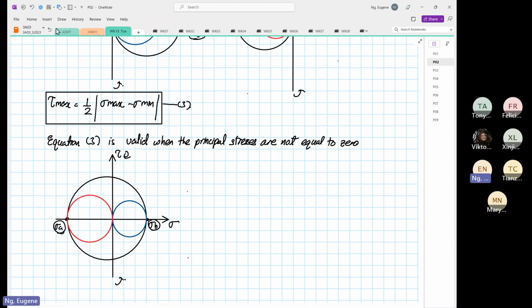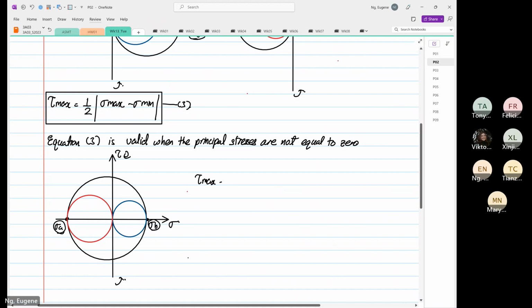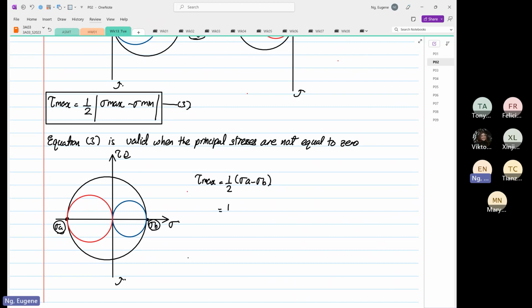So for this case, we know that tau max is equal to half stress A minus stress B. This is also equal to half, or I'll put here, stress B minus stress A. And this is in fact equal to stress maximum minus stress minimum.